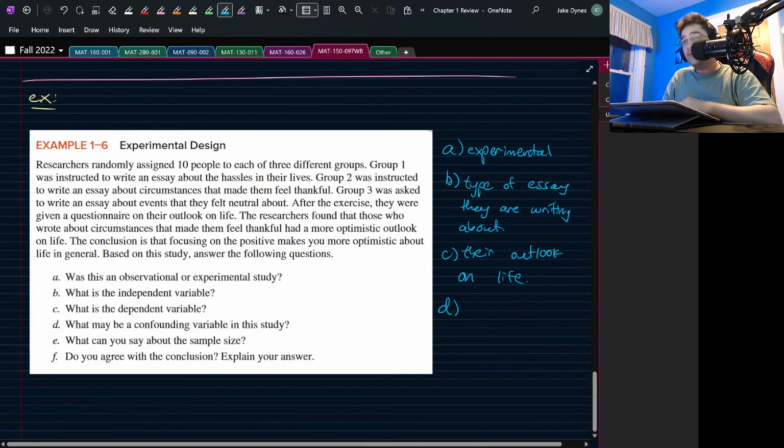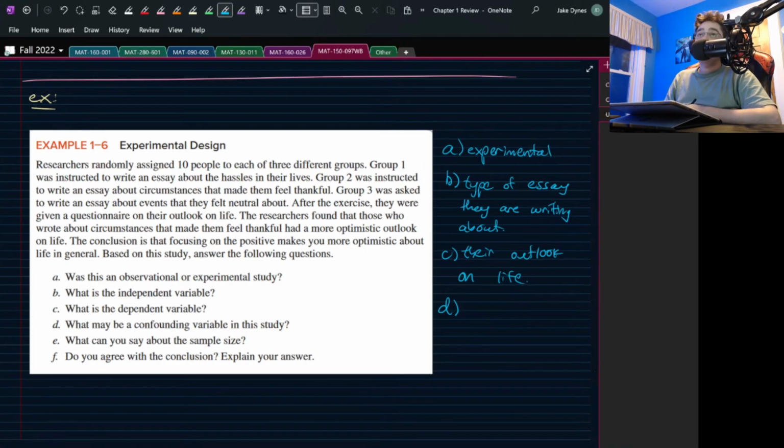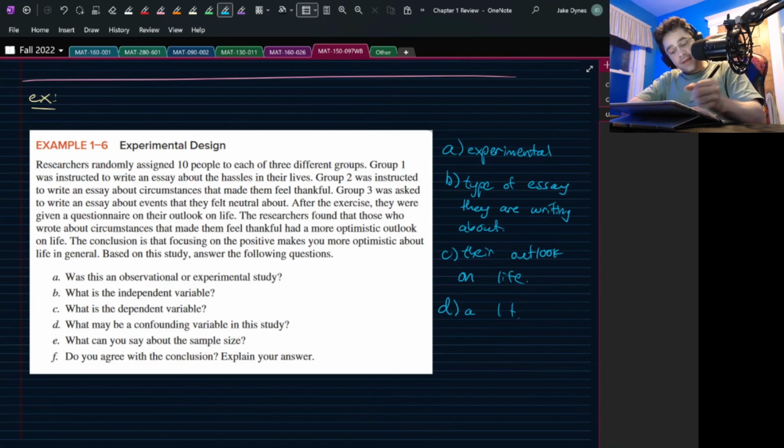What may be a confounding variable in the study? Well, there's a whole lot. But let's name a couple. How about maybe they were just in a bad mood that day, and so it didn't matter what they wrote about. They were going to have a bad outlook no matter what.